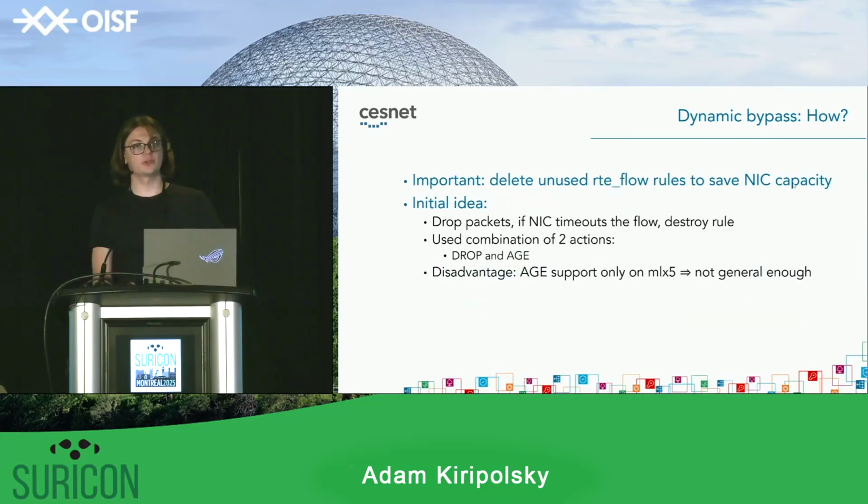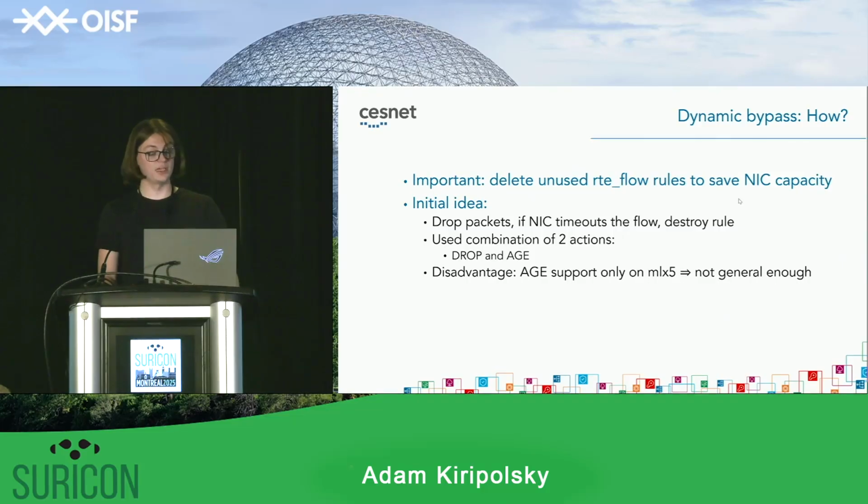With this feature, it was also important to keep in mind we needed to delete the rules, as the NICs have limited capacity. Sometimes the capacity is not that high with the NICs that we are working with, so we needed to maintain it at a certain level. The initial idea for the bypass was to create the rules, drop packets.